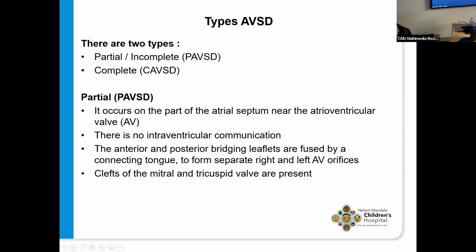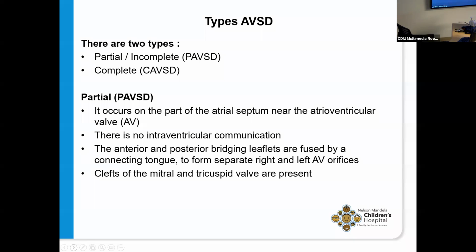We have already said there are two types: partial or incomplete atrioventricular septal defect, and a complete one. Now we can talk about the partial. They say it occurs on the part of the atrial septum near the atrioventricular valve.